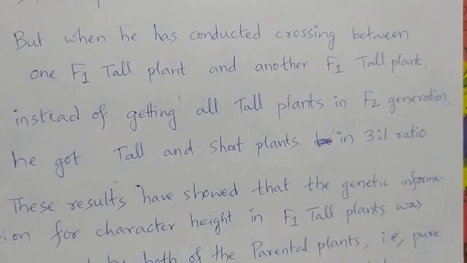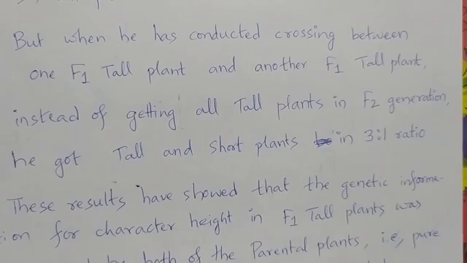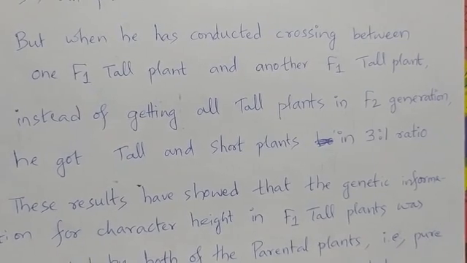No, he took the F1 tall plants. He just conducted selfing between one F1 tall plant and another F1 tall plant. So instead of getting all tall plants in the F2 generation, to his surprise, Mendel got tall and short plants in a 3:1 ratio.